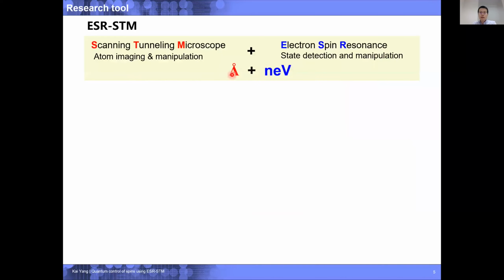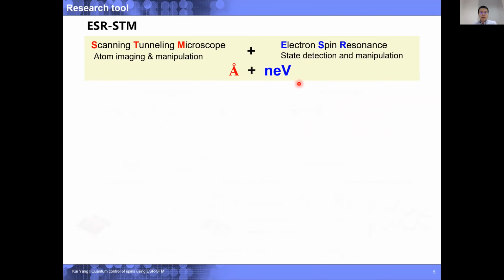This combination gives us a spatial resolution of sub-angstrom and also a simultaneous energy resolution of tens of nano-eV. So this makes ESR STM a very powerful tool to probe surface spins. And in the future, we also expect ESR STM to be useful to probe other quantum materials.